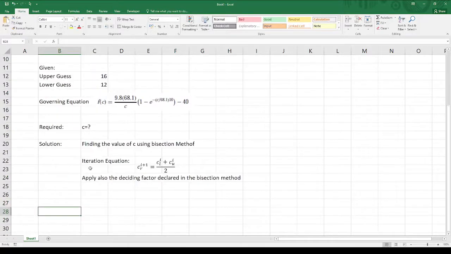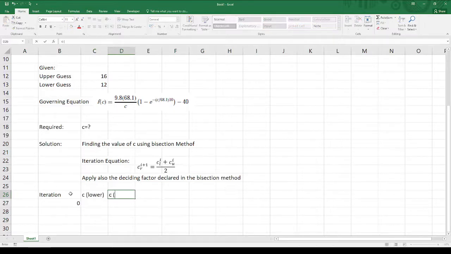So now you could create the table. First is iteration. Let's just say you started at 0. First you need to have the lower and upper guess, so C lower guess and C upper guess, and C that is calculated, which is the root.